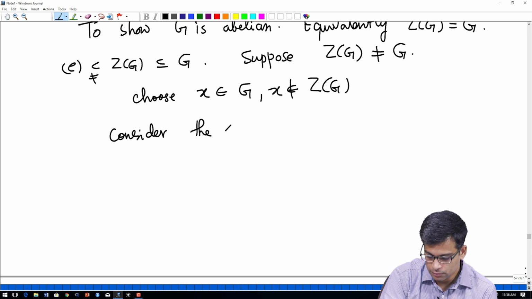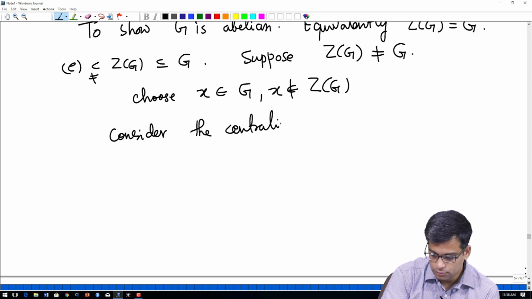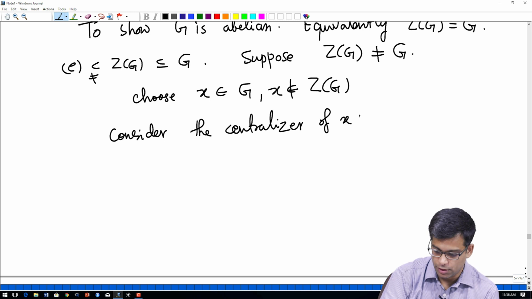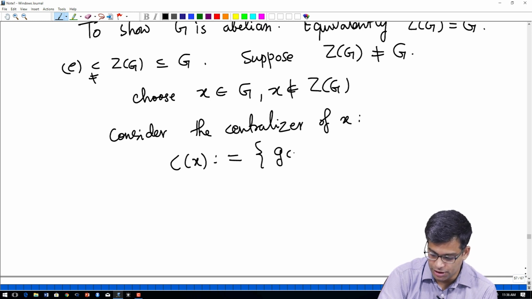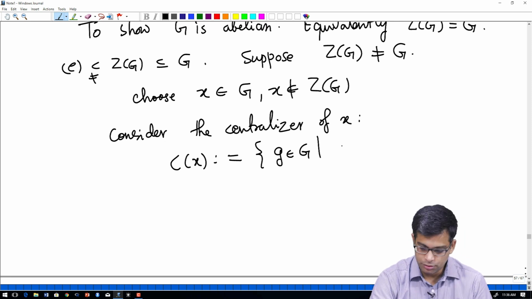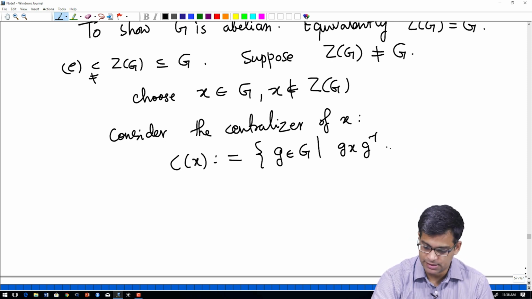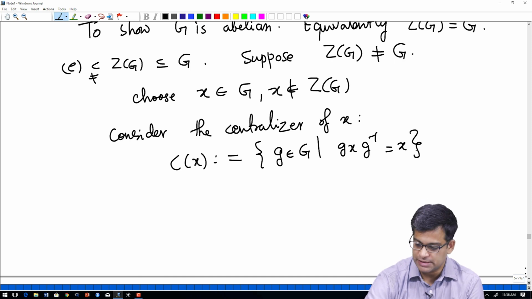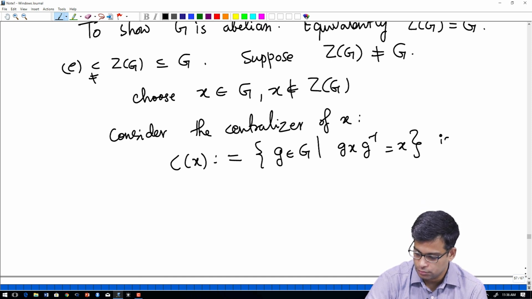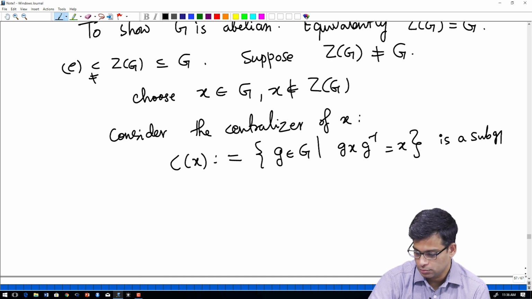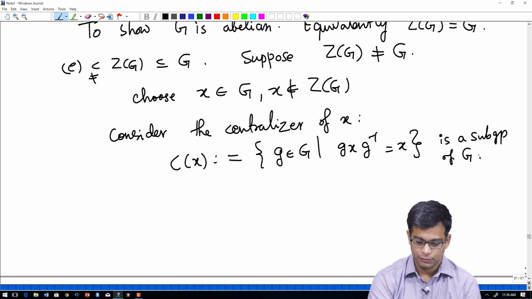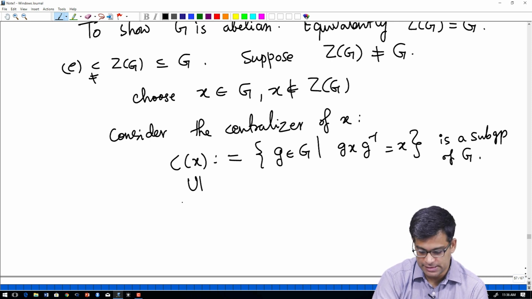Consider the centralizer of x, I will call it Cx. This is by definition all g in G such that g x g inverse is x. So, this is a subgroup of G, and this contains the center, that is what I want to say. Why is this?